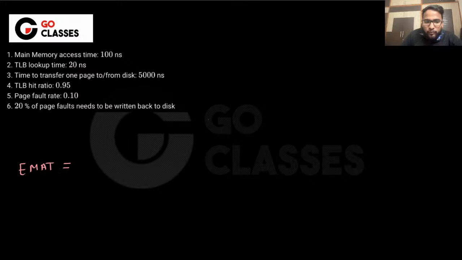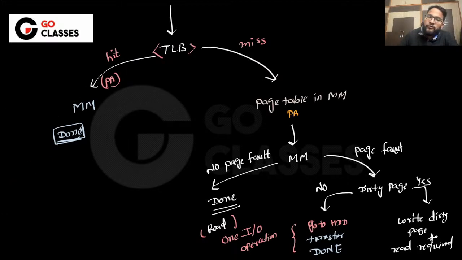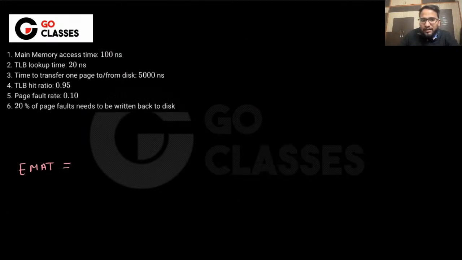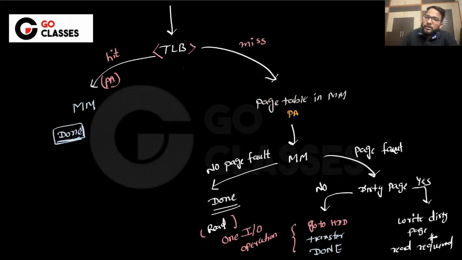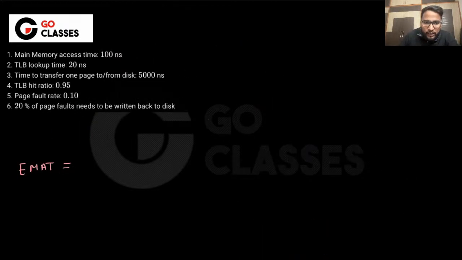Now we will first go to the TLB. Since you are going to the TLB, you can anyway write this 20, plus there will be a TLB hit or a TLB miss, right?